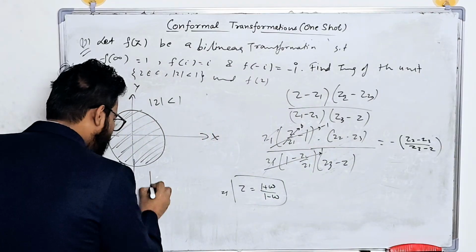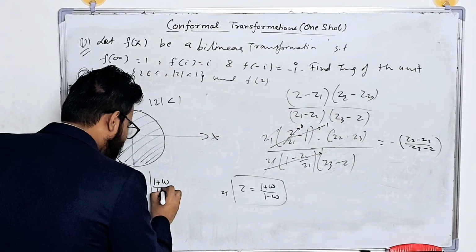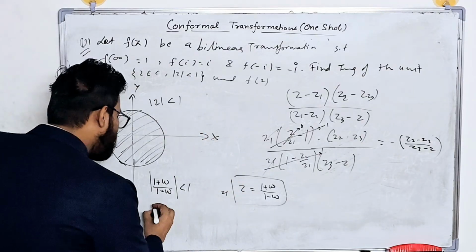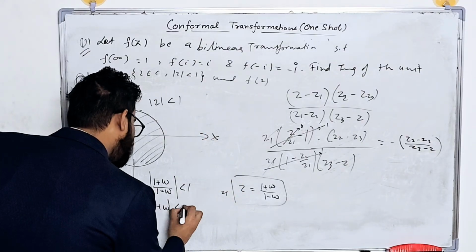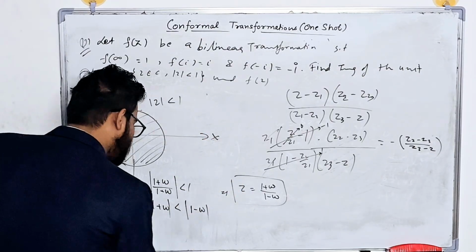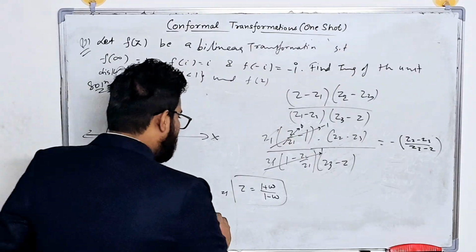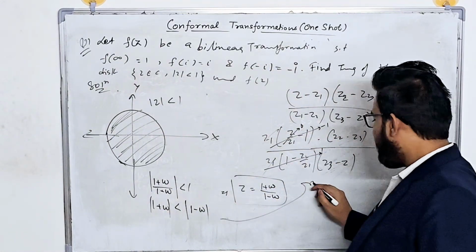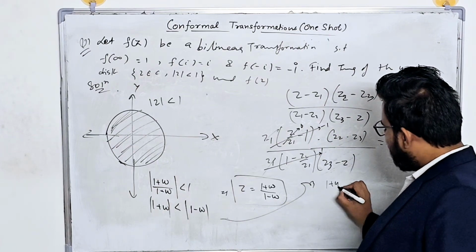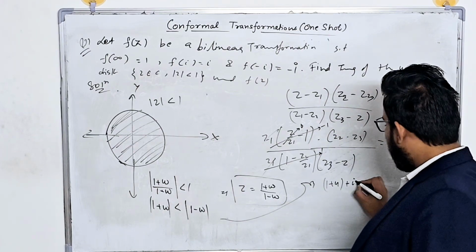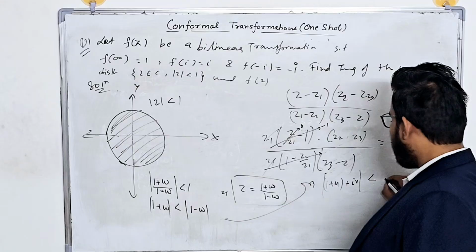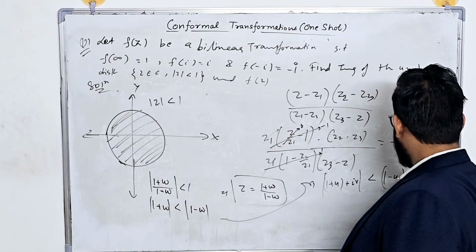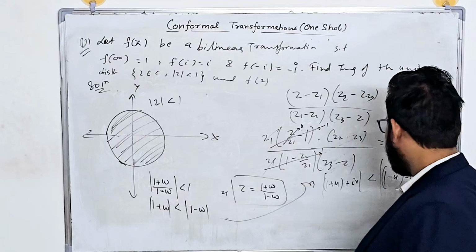You will get mod of 1 plus w divided by 1 minus w is less than 1, just using this condition. So we have mod of 1 plus w less than mod of 1 minus w. Now we know that w is equal to u plus iv, right? So from this you have mod of 1 plus u plus iv less than mod of 1 minus u minus iv, right?